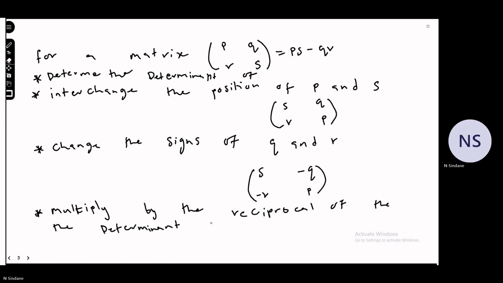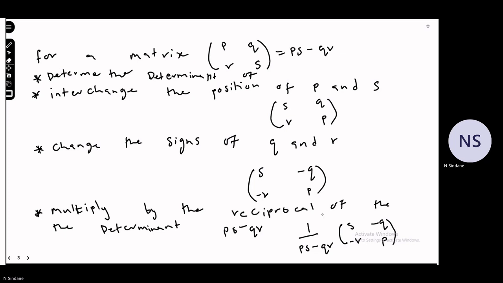The determinant we are talking about is PS minus QR. So everything altogether will be 1 over PS minus QR, into the new matrix, which is S, negative Q, negative R, P. That is how you'll identify the inverse of this matrix.